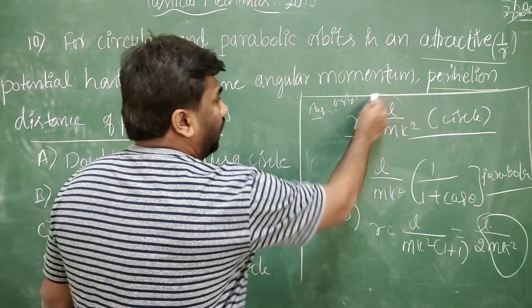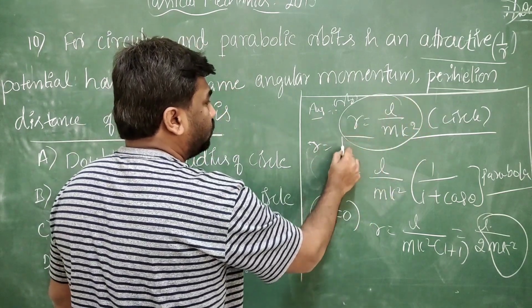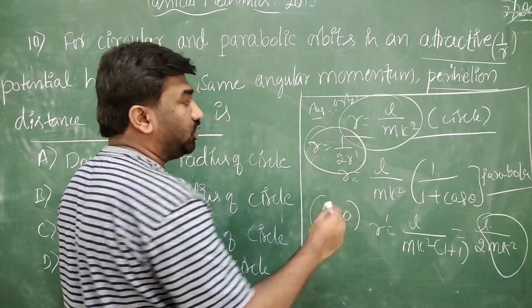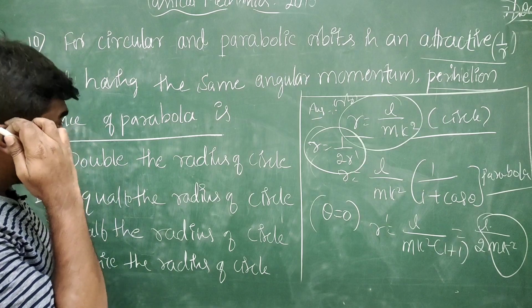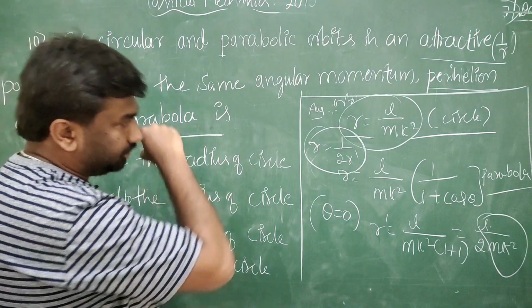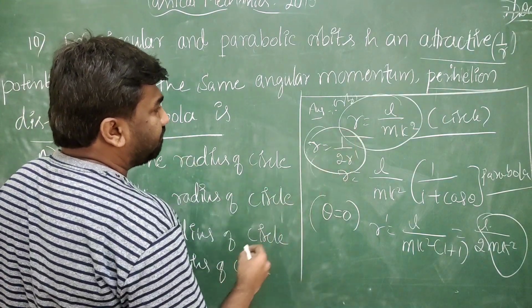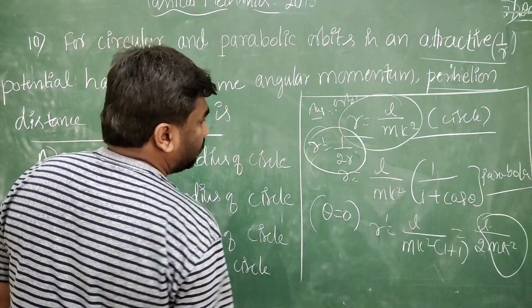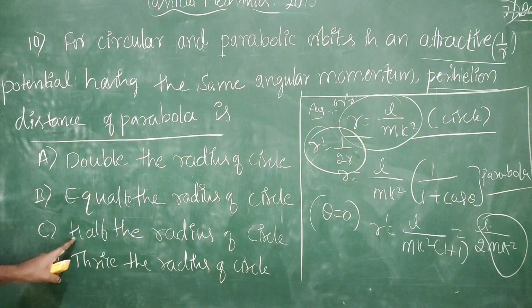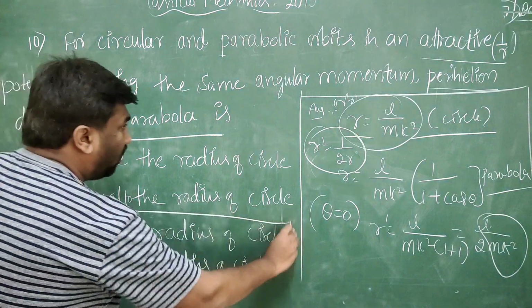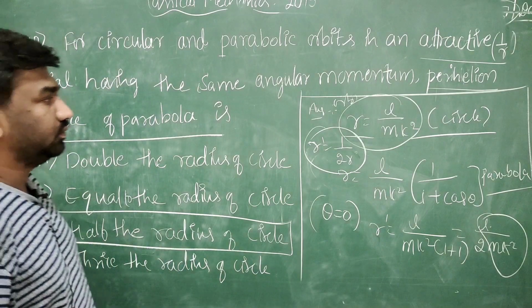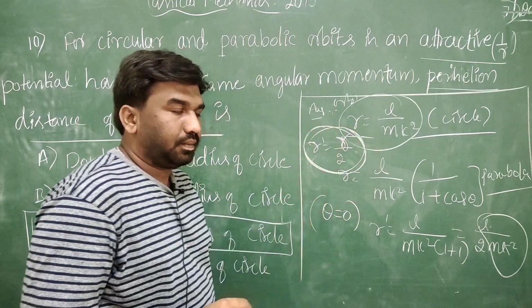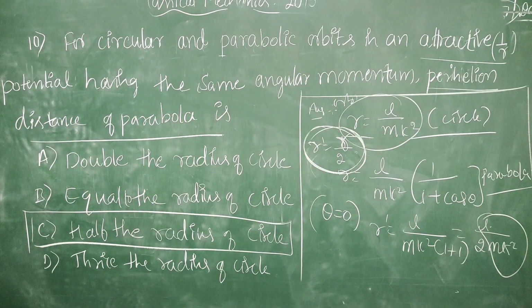So if suppose this is r prime, then r prime is equal to 1 by 2 into r. So therefore, it is half of the radius of the circle. Answer is option C.